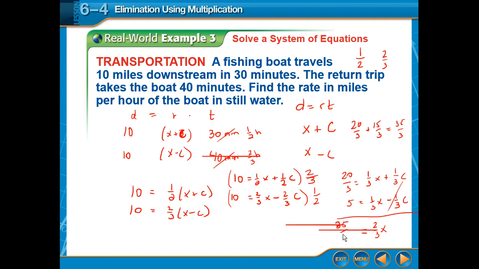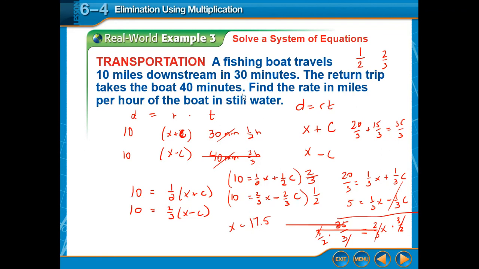To get x by itself, I'm going to multiply both sides by 3 over 2. So I get 35 over 2, so those 3's cancel. So I get x equals 35 divided by 2, 17.5.